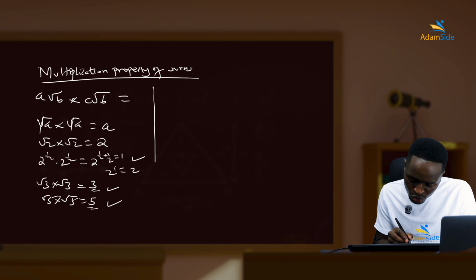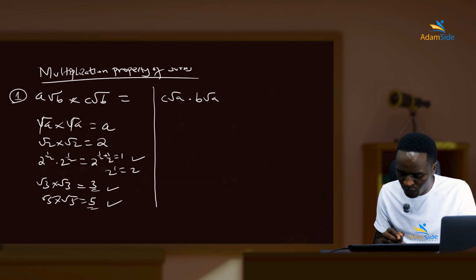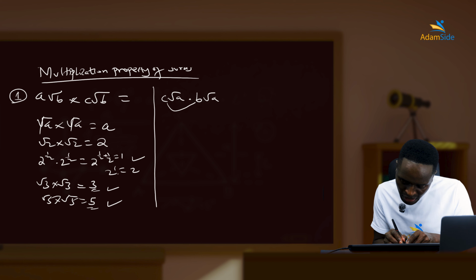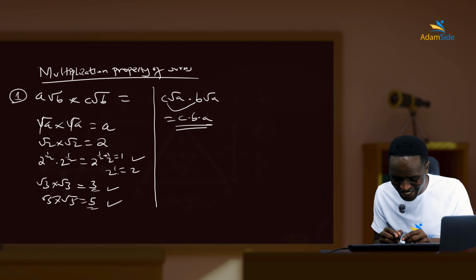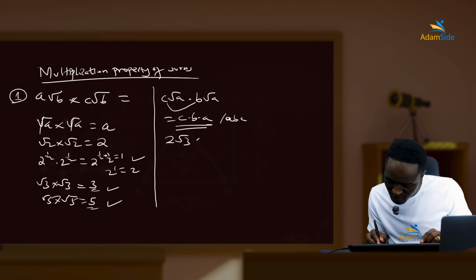And then we go to rule number 2. Now, you understand that, and you have c root a times b root a. What do you get in that case? We say you multiply c times b and times a. Let's say you have 2 root 3 times 3 root 3.